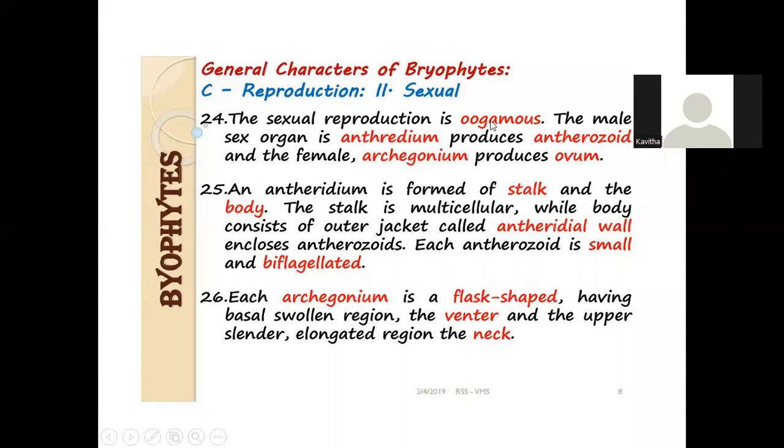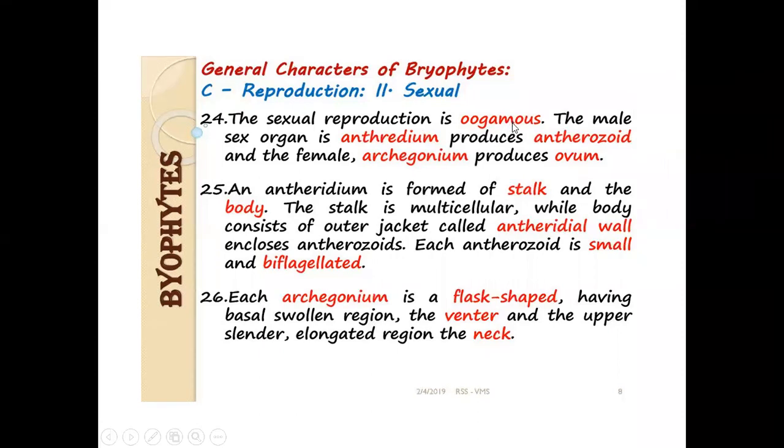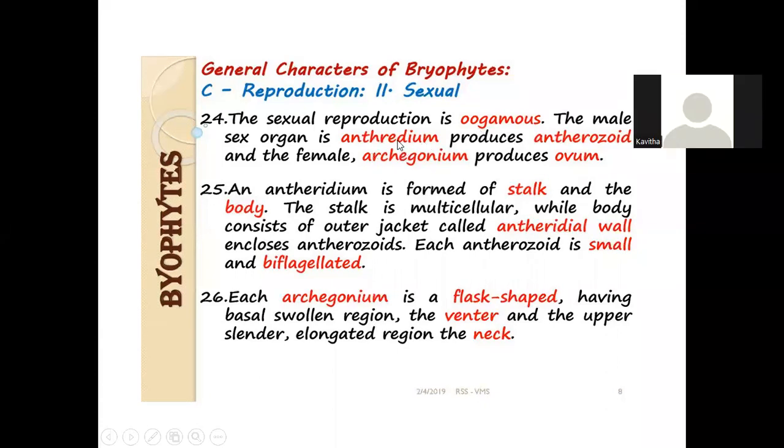As it is of the oogamous type, the male reproductive organ, or the male sexual organ, is called the antheridium.